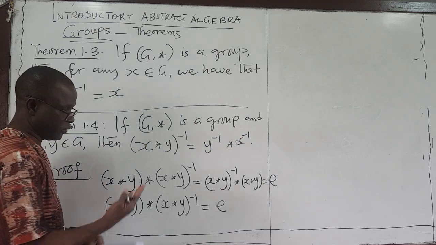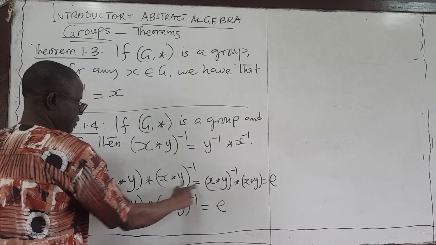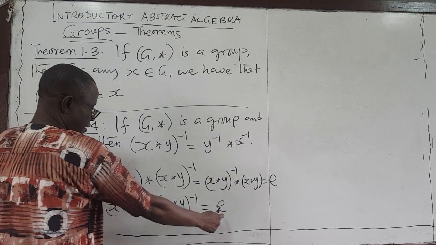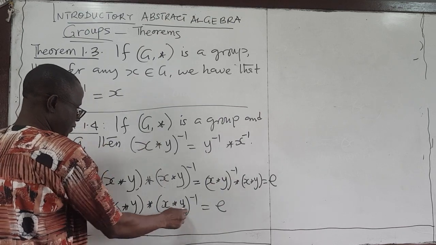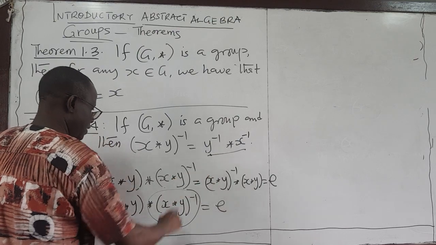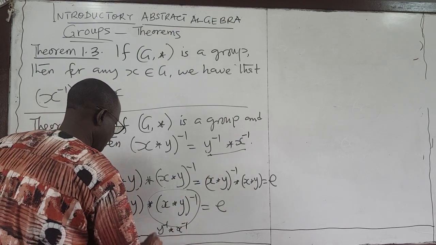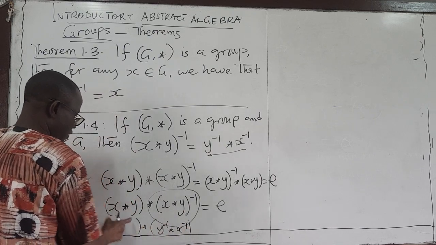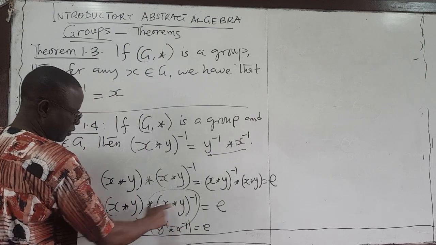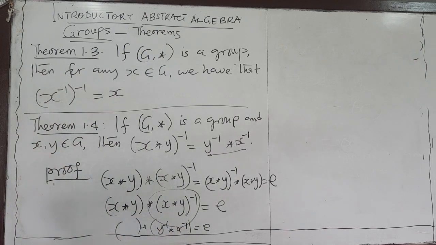Okay? So that is the basic idea, right? This and this should be E. So let's take one side. This and this is E, but the theorem says this guy here is this. Which means if I can put minus y minus x here, star it with this guy, and the result is E, then of course this is equal to that. Okay, so that is the idea of the proof.